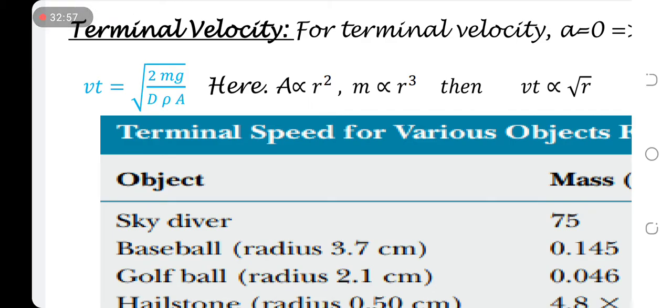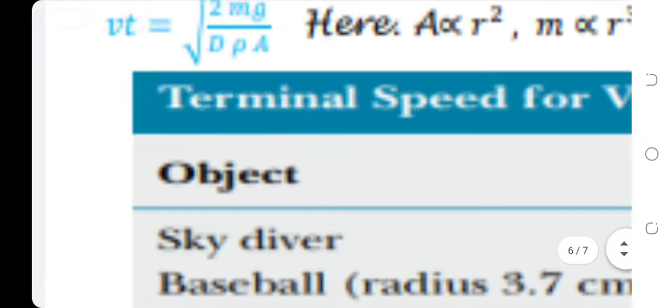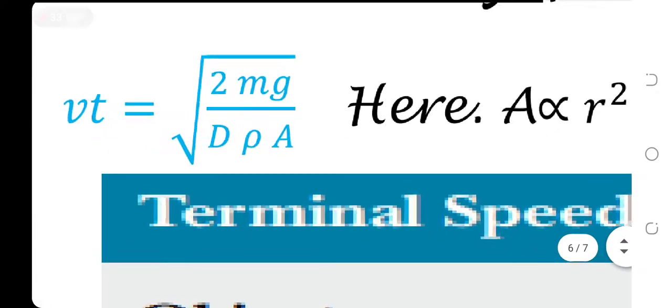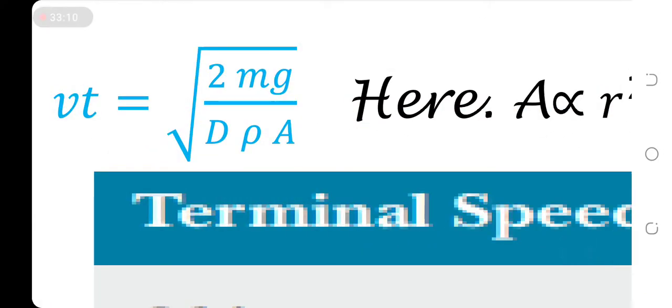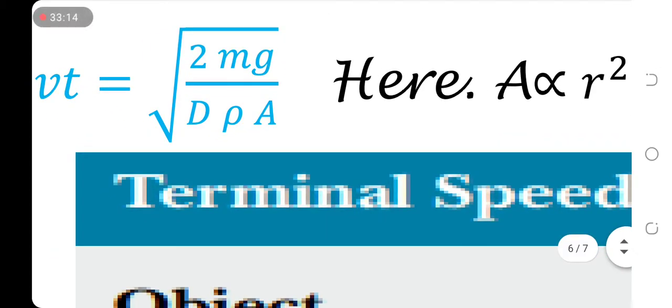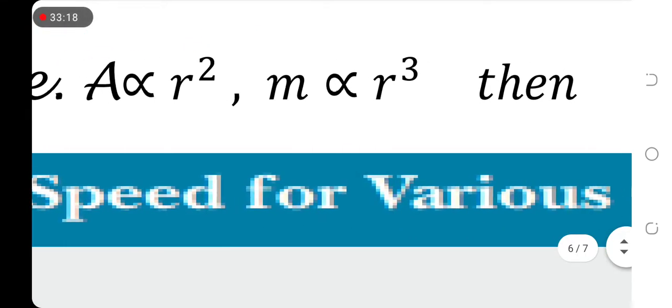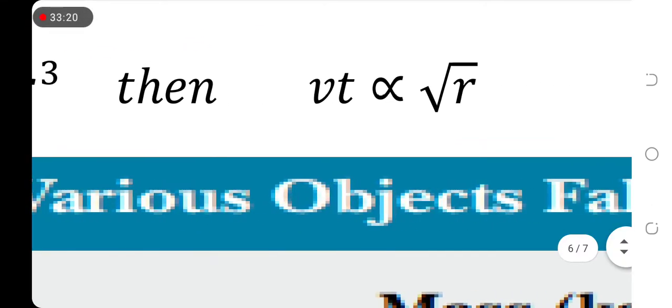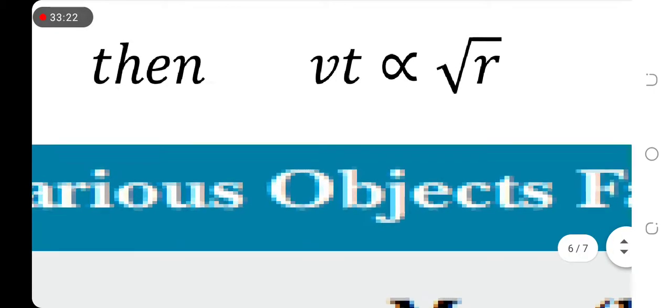So we can say that mass is directly proportional to r cube. From this relation, we can observe that all the parameters other than r are constant, so we can say that Vt is proportional to the square root of r.